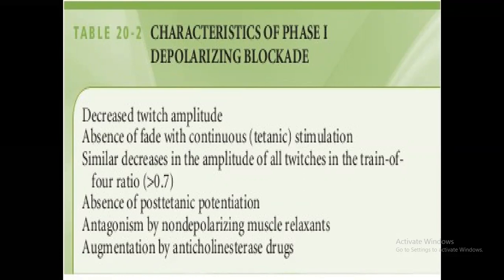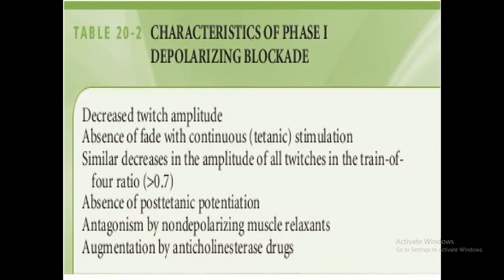Train of 4 ratio is best utilized to assess the reversal also. First, to see how much relaxation has taken place after giving neuromuscular blockers, train of 4 is essential, and to see reversal after the surgery is over, we give neostigmine to reverse the effects of the non-depolarizing, long-acting muscle relaxant.